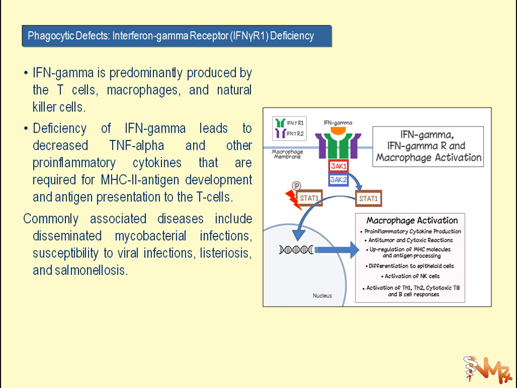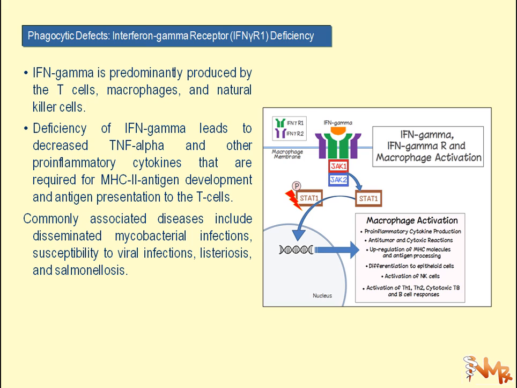Commonly associated diseases with interferon gamma receptor deficiency include disseminated mycobacterial infections. This is by far the most important one. And as you recall, in that case scenario, you just gave the BCG vaccine, and that baby manifested with disseminated mycobacterial infection.